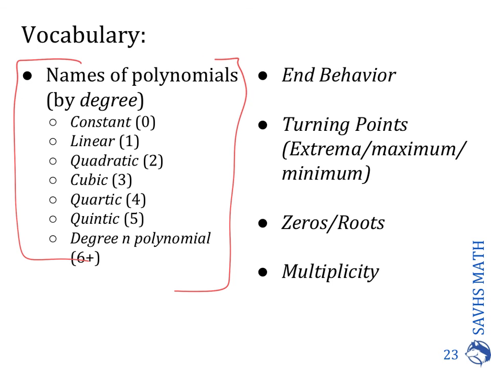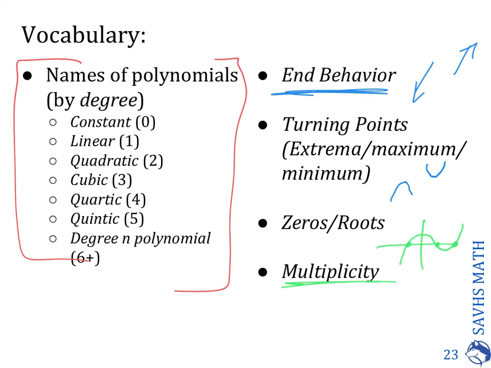As far as your end behavior goes, that is what happens on the left side of the graph or the right side of the graph. You can either have up or down in both directions. Your turning points are where the graph goes from increasing to decreasing or from decreasing to increasing. Your zeros are the places where the graph crosses the x-axis, here and here maybe, and then maybe there's one more.